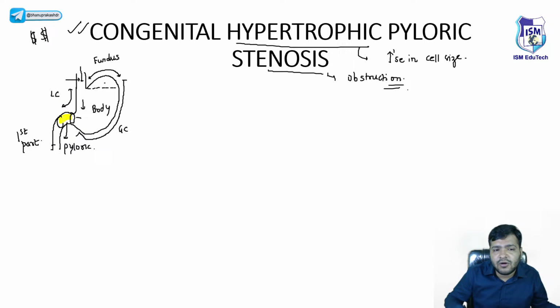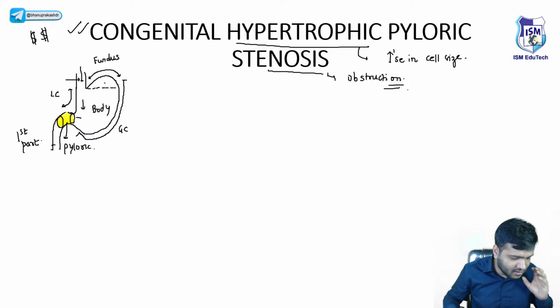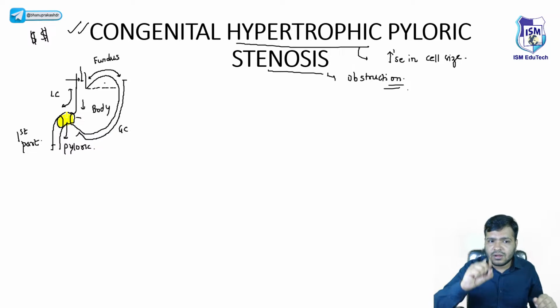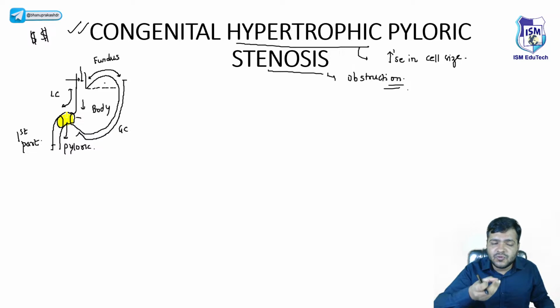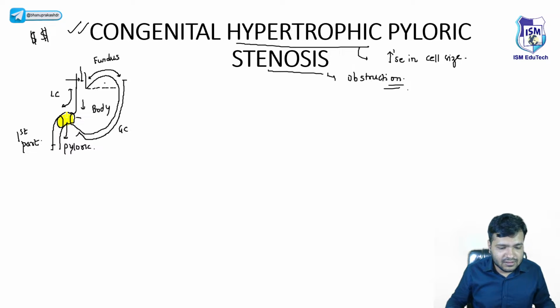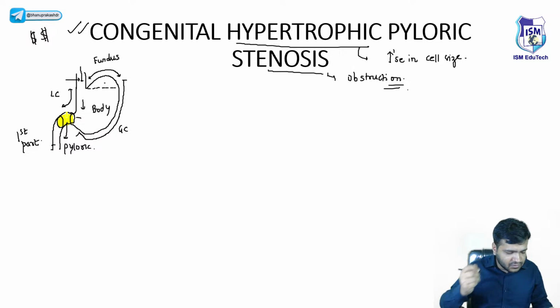So if the pyloric muscles basically undergo hypertrophy, what will happen, guys? Tell me in the chat box what is the thing that will happen. It will block the pathway. Okay, whatever food, it will not be able to move down, right? Whatever food the child is taking, it will not be able to pass into the duodenum due to this particular hypertrophy, right?